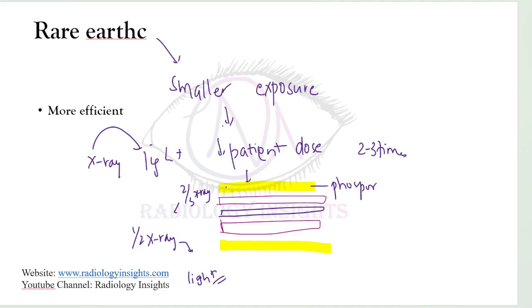Among this light, about half travels forwards and exposes the near emulsion, or the front emulsion.